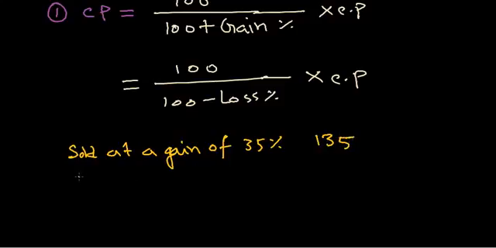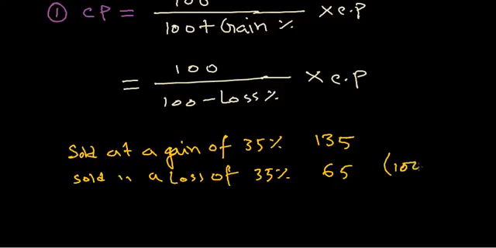Now if it says the article is sold at a loss of 35%, then the selling price is 65, because it will be 100 minus 35, because it's a loss. If it's a gain of 35%, it is the addition of 35 with 100, which is 135, right? So these are the different formulas that you need to know for solving these problems.